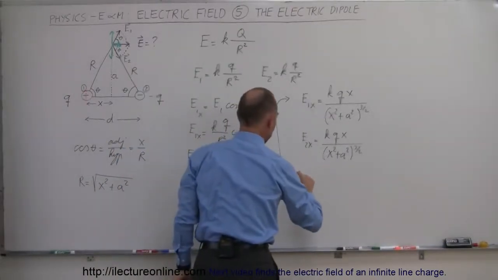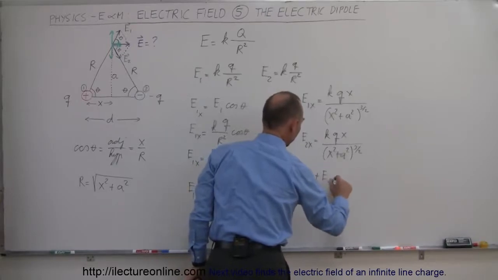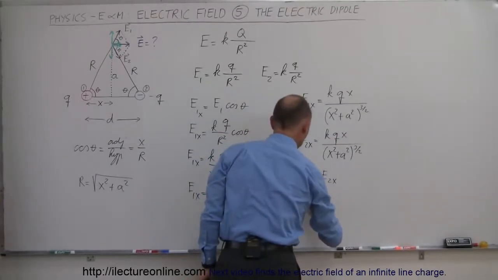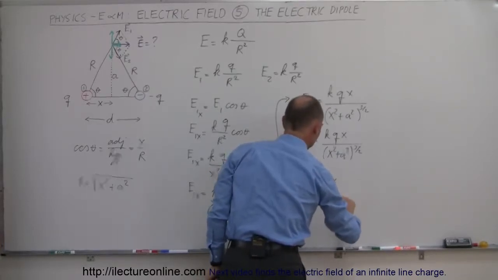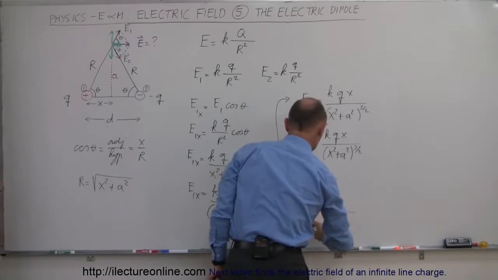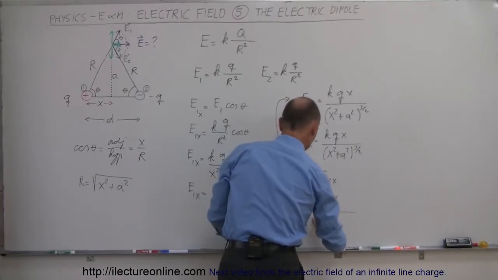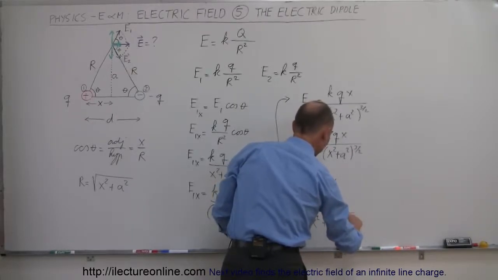So E is equal to E1x plus E2x, and therefore that's equal to twice this number. So 2 times k q x divided by x squared plus a squared to the 3/2 power.